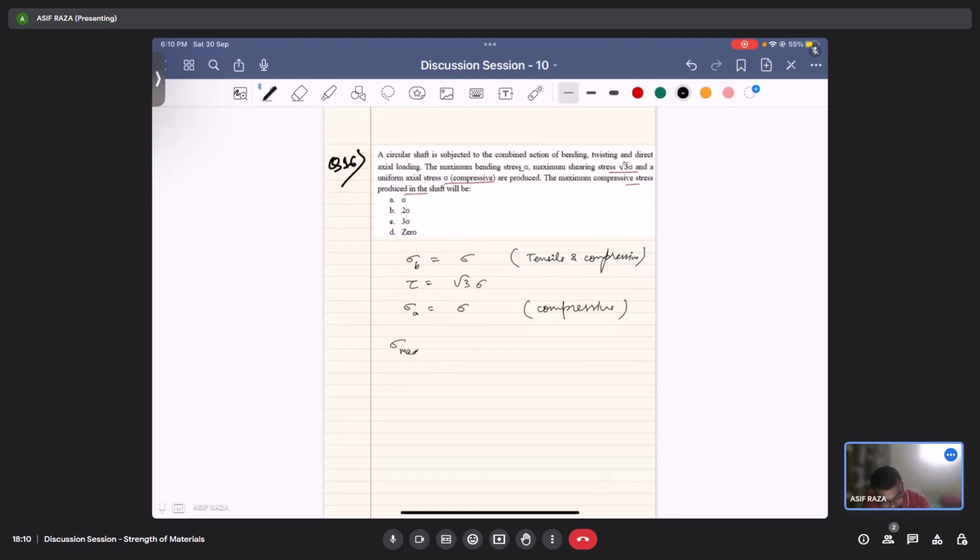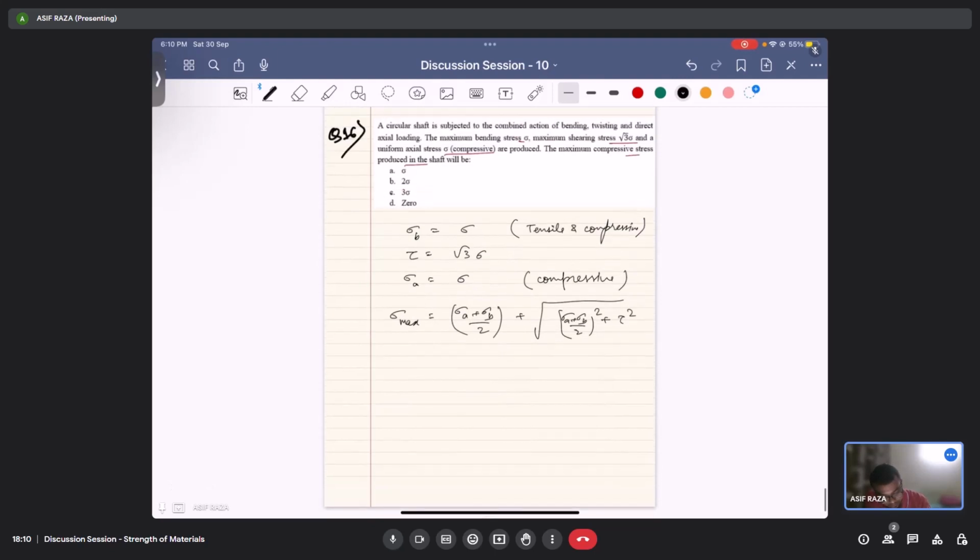Sigma max would be equal to sigma a plus sigma b by 2, plus root of sigma a plus sigma b by 2 whole square plus tau square. And this is compressive. If we join, this would be sigma plus 2 sigma by 2, plus root of sigma square plus root 3 sigma whole square.